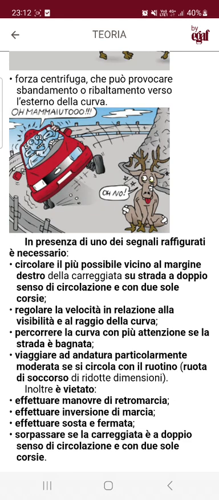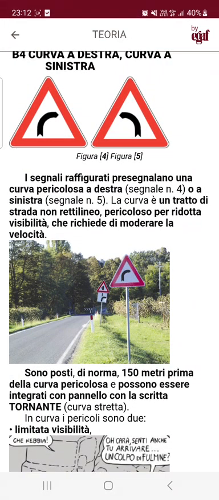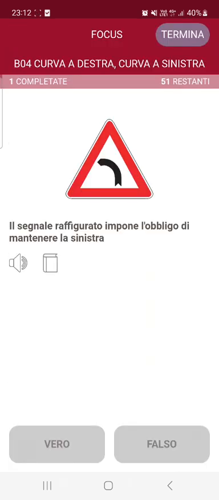Carreggiata is a carriageway. So you don't do overtaking, especially when it's two-way traffic. That is what they are saying here. So now you already understand what curva means and what you should not do in the curve. I've explained everything, and now let's do the quiz that follows.